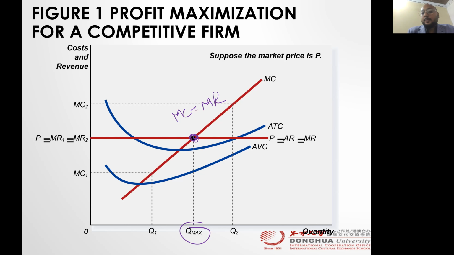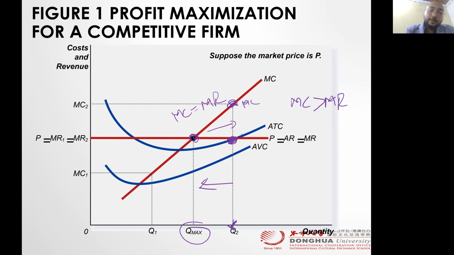Beyond this point, at Q2, this is your MR, this is your MC. At this point, MC greater than MR, which means your profit declines. So you would say reduce the production.